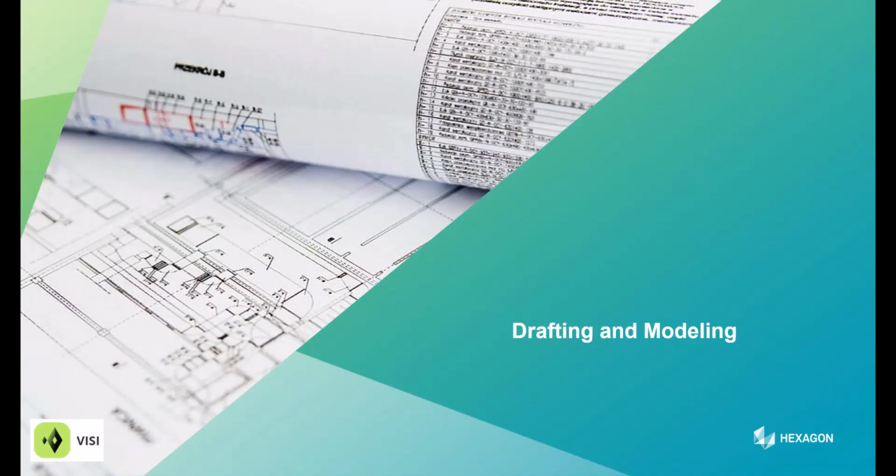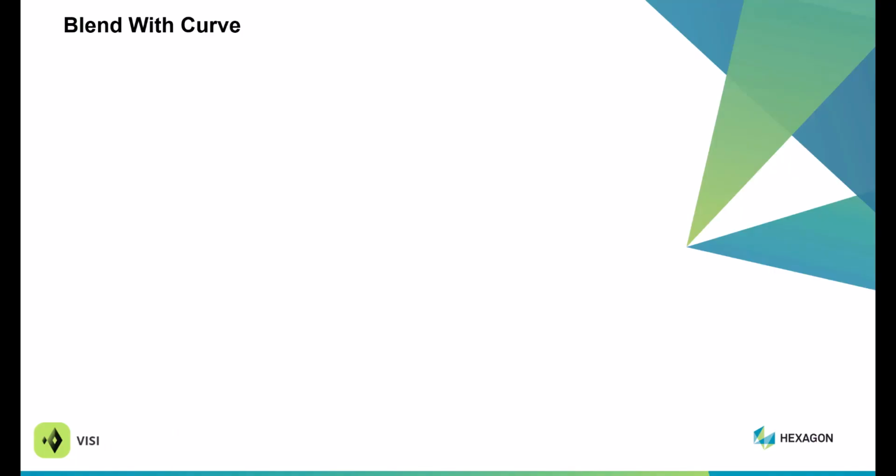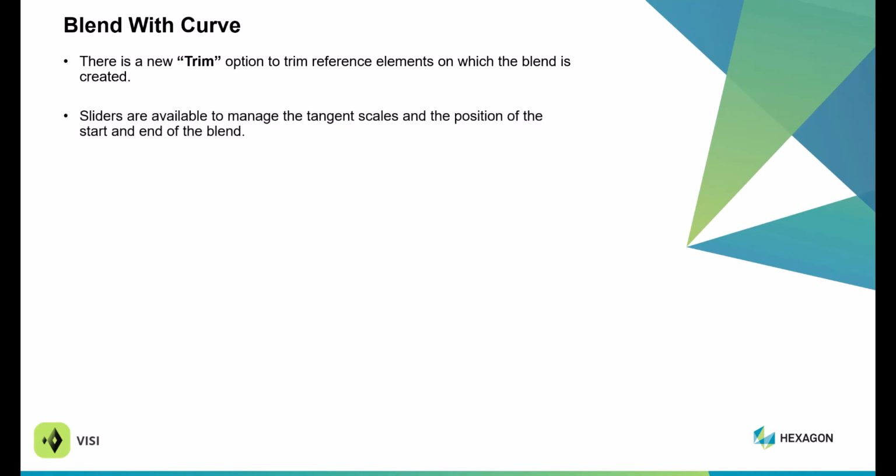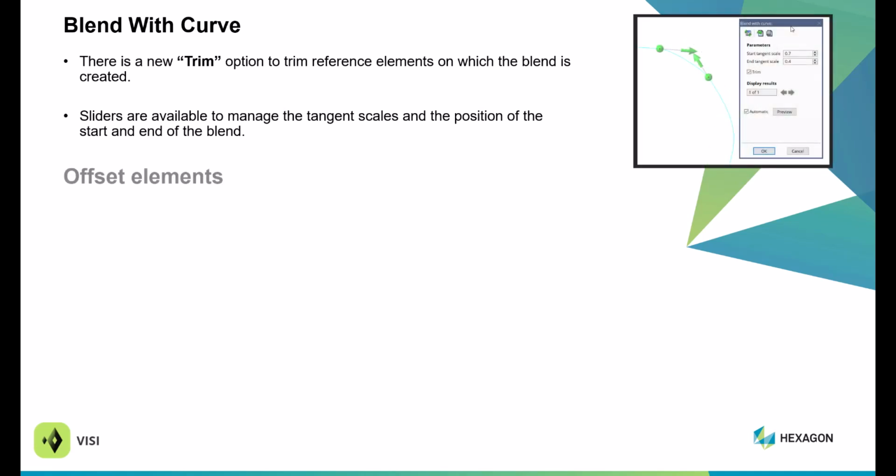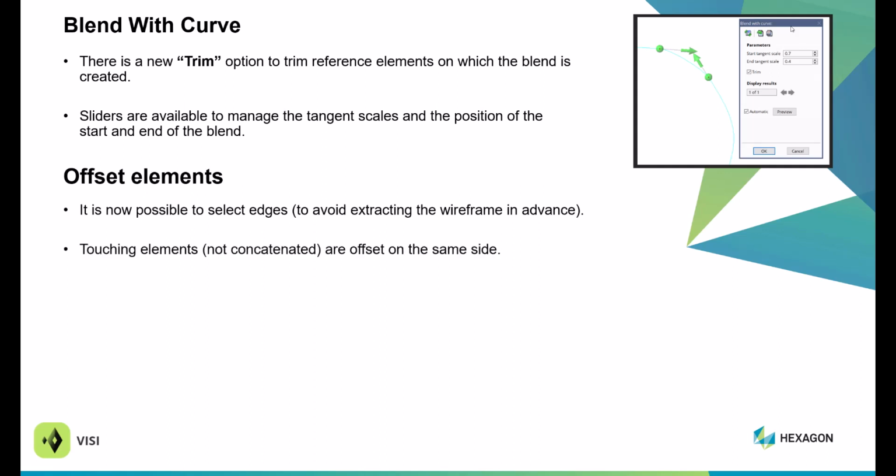So I'll go into drafting and modeling. Within the Blend with Curves command, there's a new trim option which allows you to trim at the nearest edge that you selected. There's a slider available to manage the tangent scale as well. Within offset elements, it is now possible to create and select an edge to avoid extracting any wireframe.